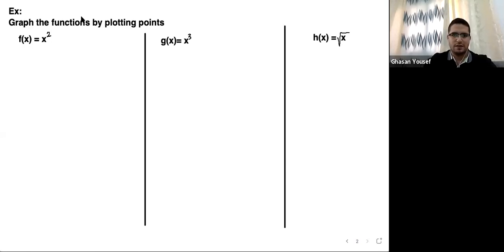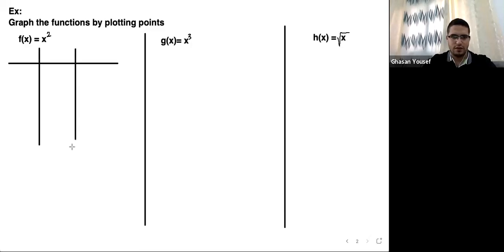So let me make a small table like this. This is my table here. The x value, the f of x, and the third one is the ordered pairs.